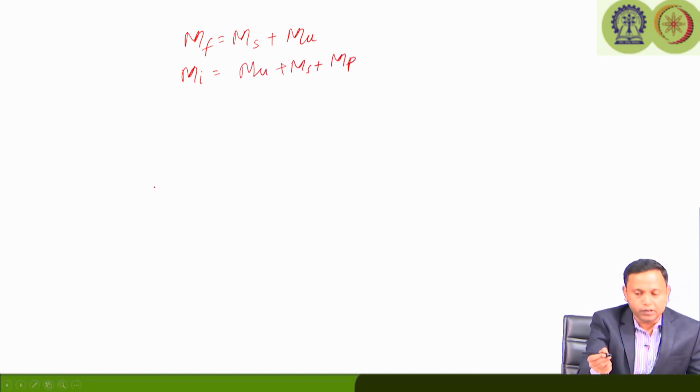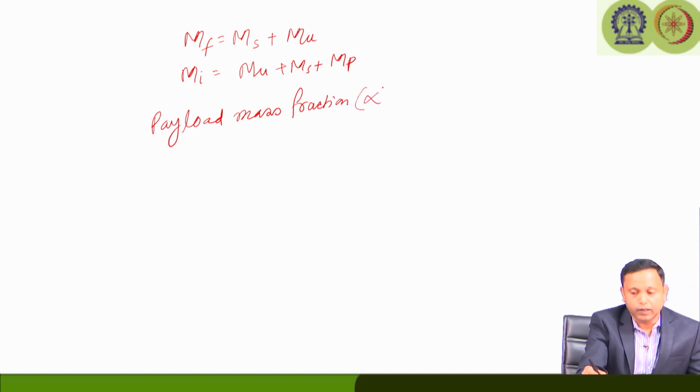Some of the definitions we can write here: the payload mass fraction is denoted as alpha, which is mu by mi.